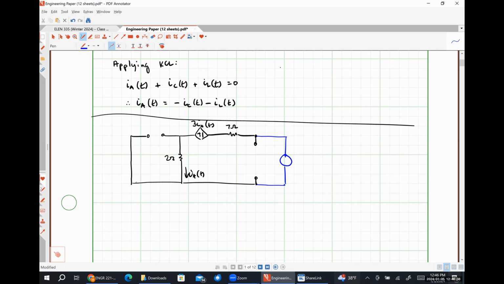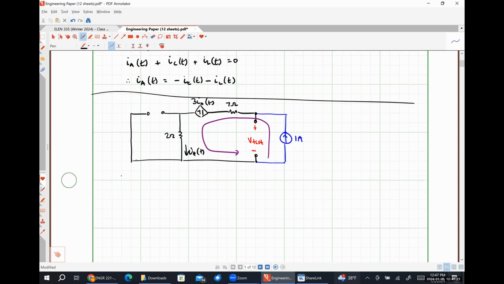So I'm going to choose to use a test current source of 1 amp. And I'm going to find this voltage V test. And then the ratio of V test divided by 1 amp is my equivalent resistance seen by my energy storage elements. Okay.